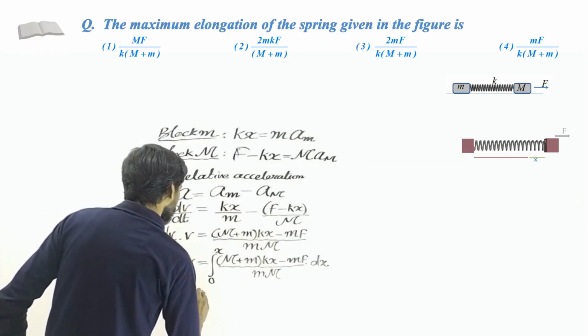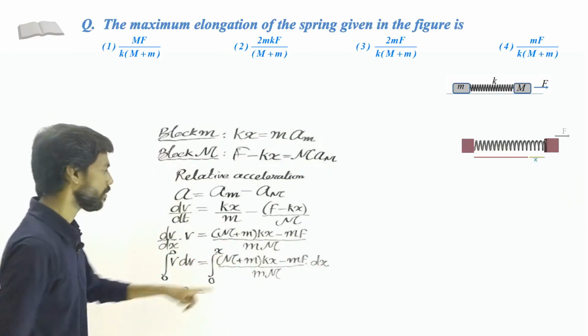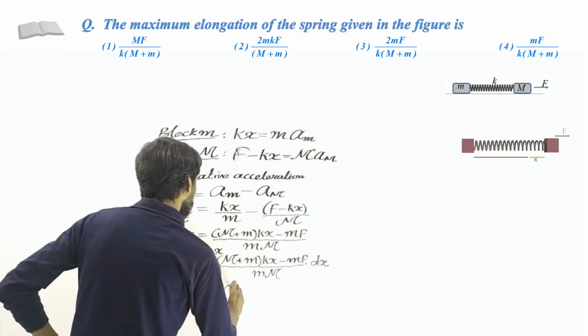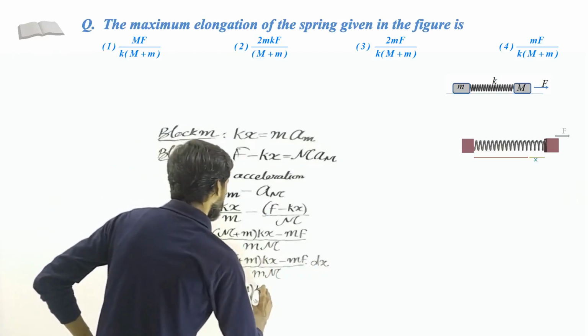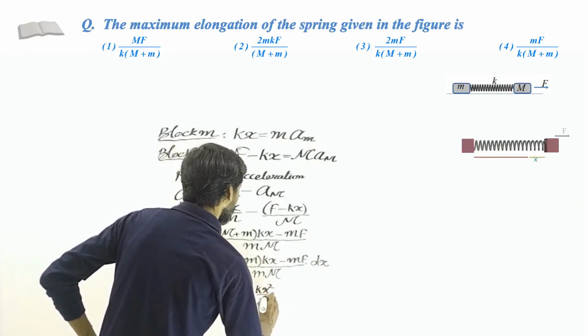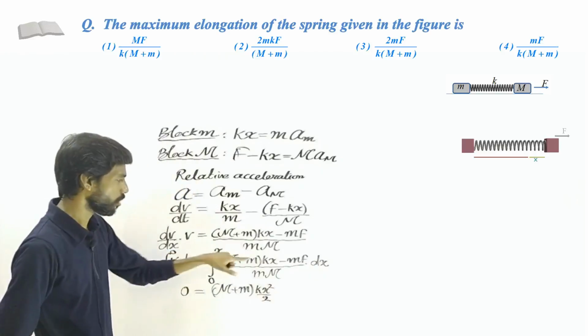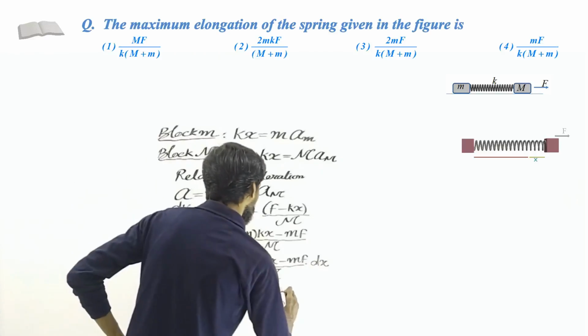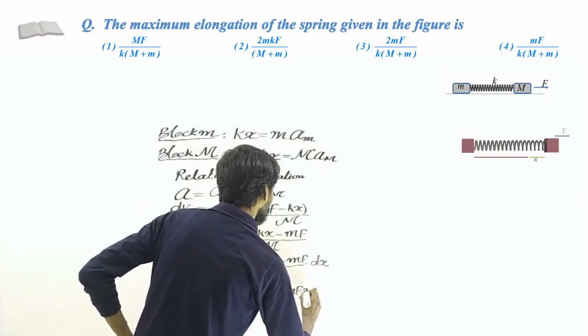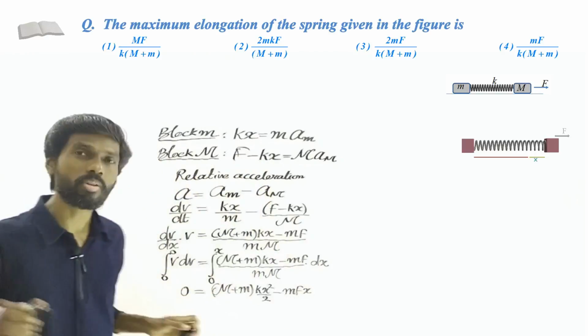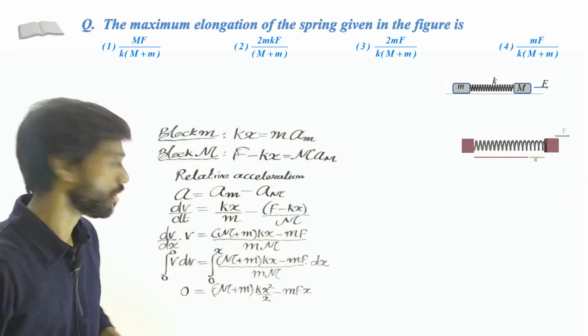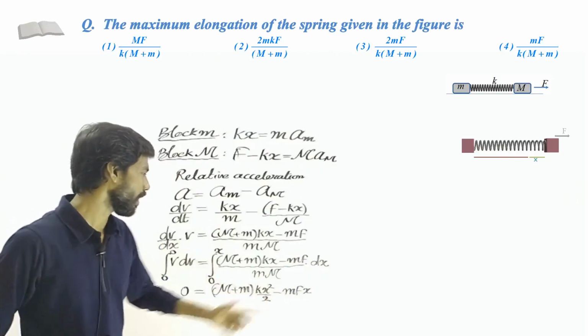So that equals, this can be easily integrated. So (M plus m) multiplied by kx, if you do integration, kx square divided by 2, lower limit is anyway 0. Upper limit, if you substitute, kx square by 2 minus mF x. This is equated to 0, and we can multiply the denominator. This will give you our required value of x. Equated to 0, you can divide by x.